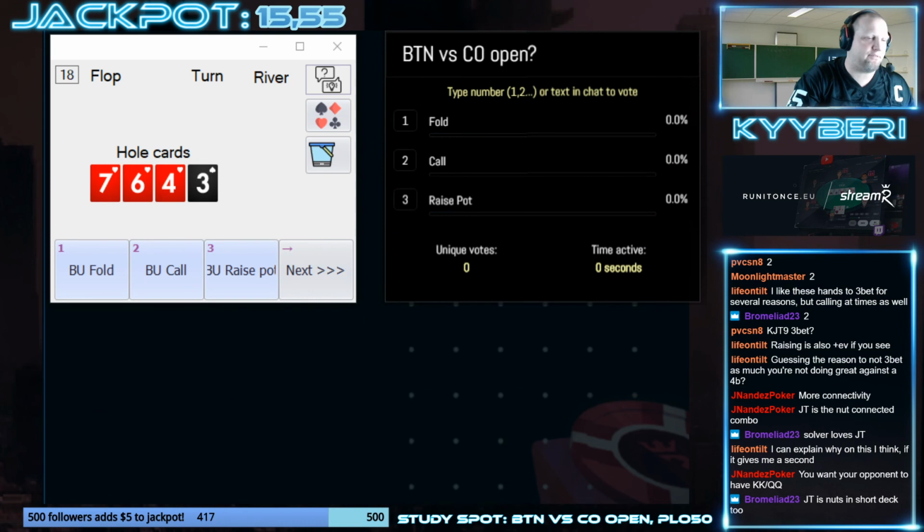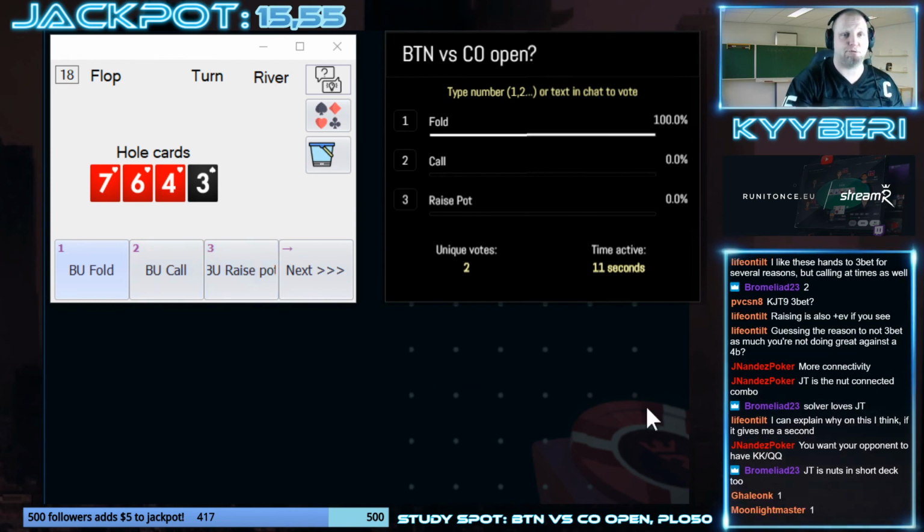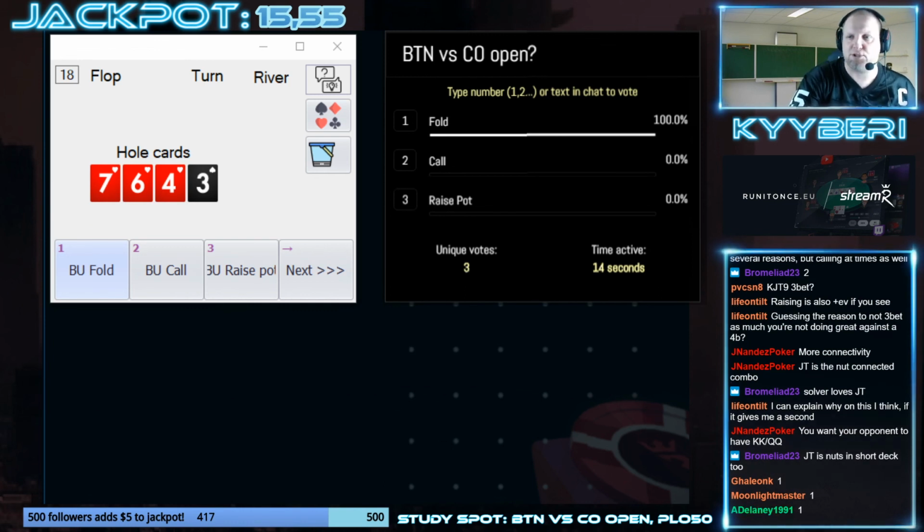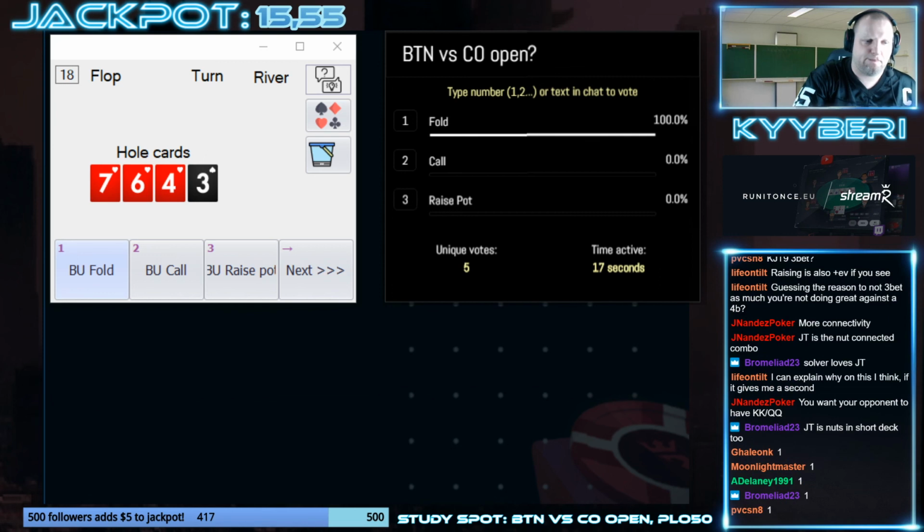Is this good enough to play? It has the cap on the middle. So I mean, if we play 6-5-4-3, is 7-6-4-3 that bad? Of course, with the 3 of the suit sucks. So everyone folds, all right?